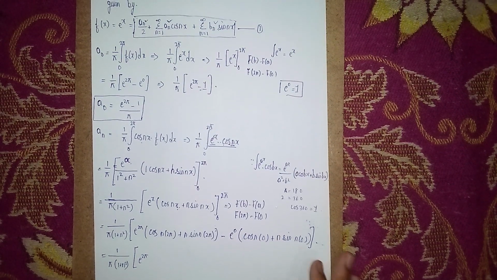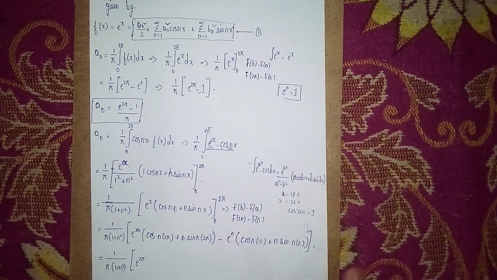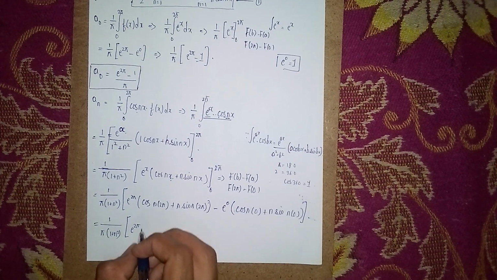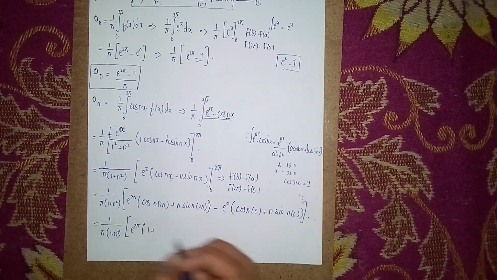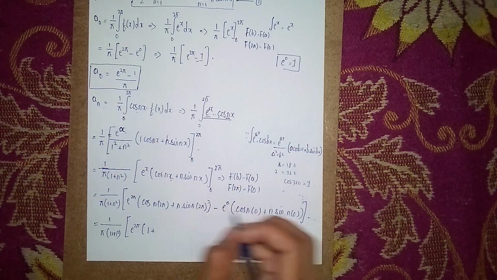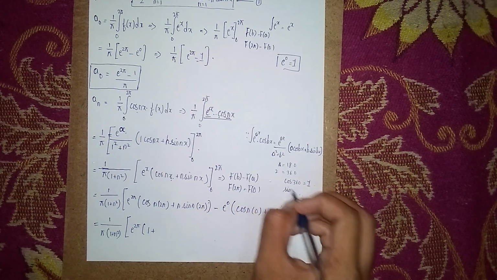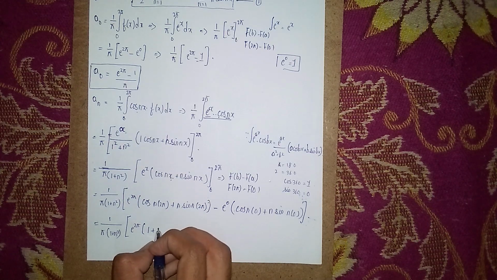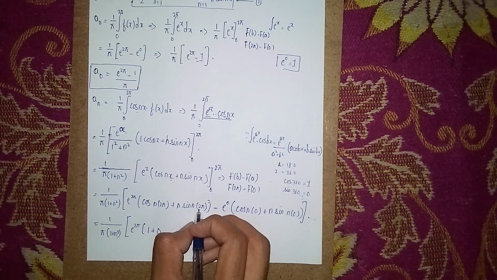Now substitute here: it becomes e power 2 pi into 1 plus, now sin 360, same here, sin 360 is equal to 0.